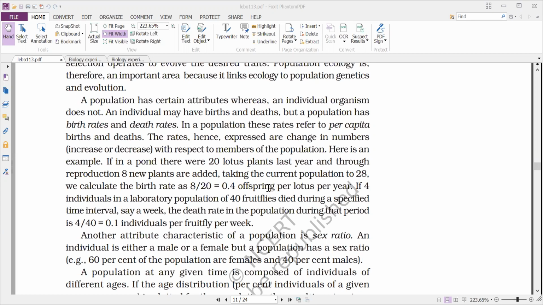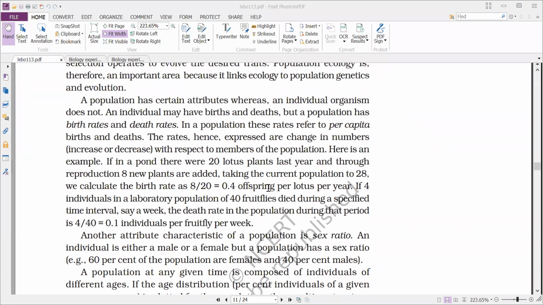For example, for 1,000 population, how many births are taking place will give the birth rate, and how many people are undergoing death will give the death rate.